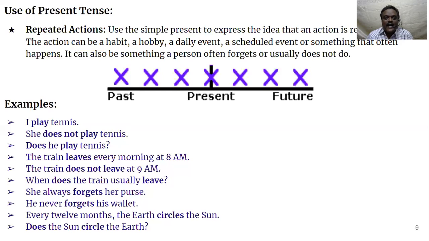That's your habit. Hobbies also are expressed in simple present tense. Daily event, every day you brush your teeth. A scheduled event, like I told you, we have English class every Monday. It is a scheduled event. The train leaves at 10 a.m.